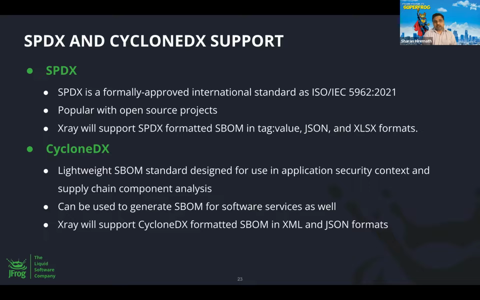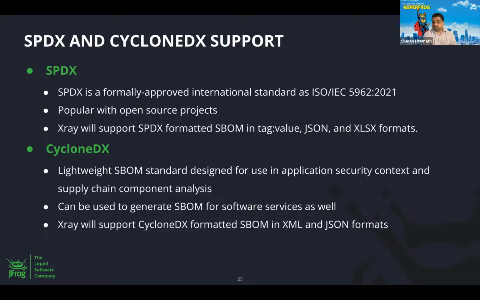The other standard that we are going to support is CycloneDX. CycloneDX is a lightweight SBOM standard, and it's basically used in the application security context. It is also gaining popularity because it not only supports software products, it can also support software services as well, and the focus is on security.